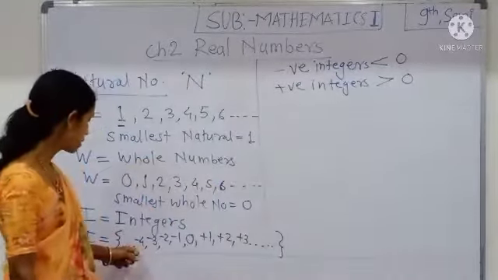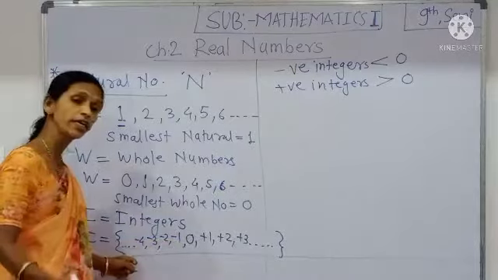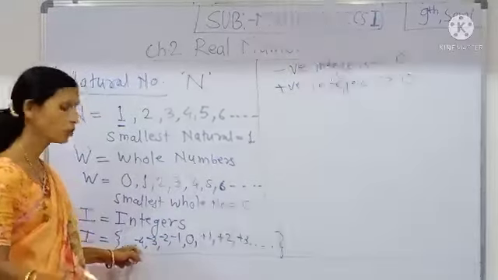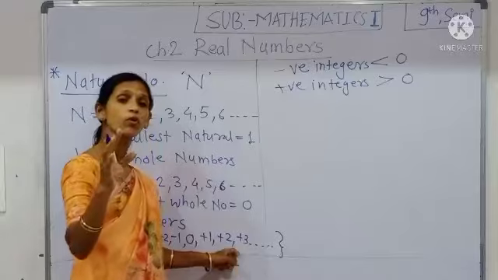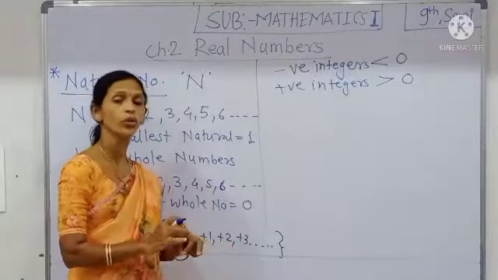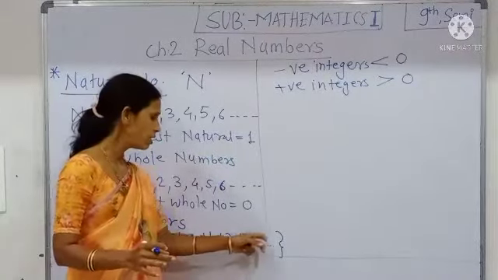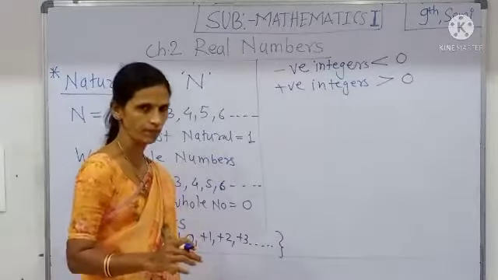There are infinite negative numbers, therefore we can't determine the smallest integer, and there are infinite positive numbers, therefore we can't determine the biggest integer.